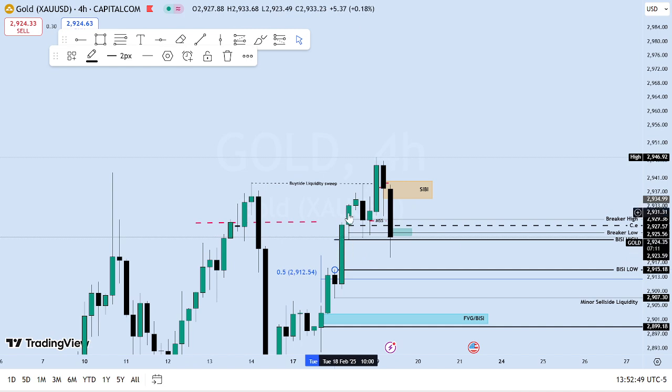You can see this candle. That's the Tuesday, 18th February candle. The low of it, and the high of Tuesday 18th February by 2 p.m. Between this low and this high, you can see there is no candle close there.